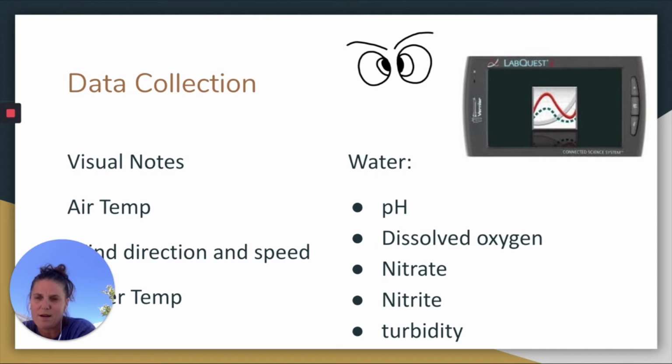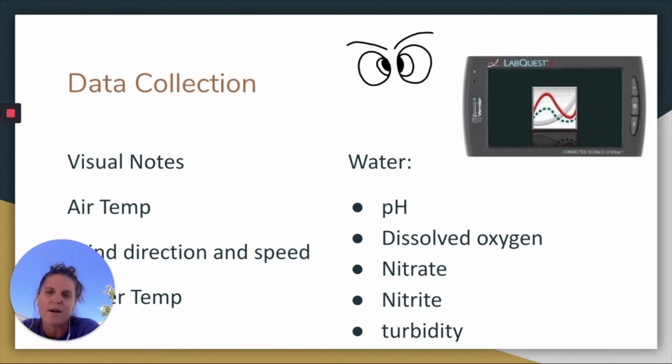We'll be capturing the air temperature, wind direction and speed, and we'll also be looking at the water temperature. As we collect data throughout the year, these numbers obviously will change, and we'll see if there's anything with the water temperature and the data that we're collecting.